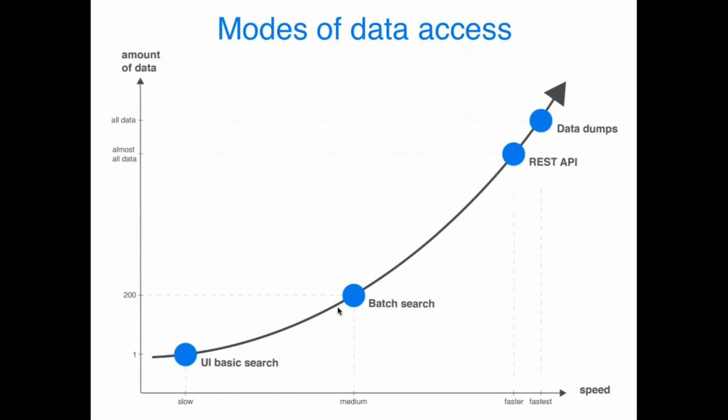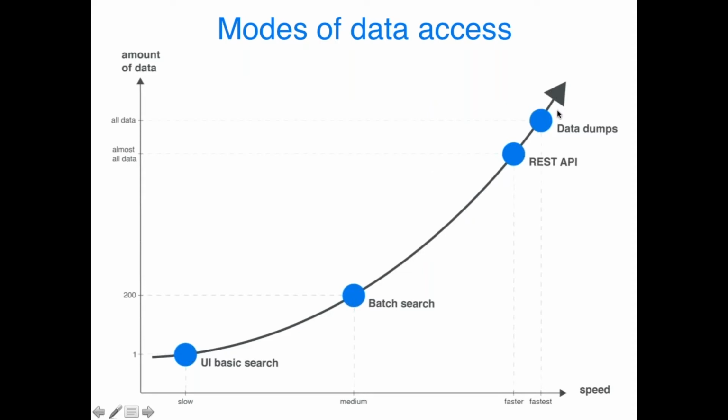You can get the drugs that target those genes, and you can get a graphical visualization of the interactions between those targets. So the batch search is a good tool if you've got a reasonable number of targets, such as up to 200.